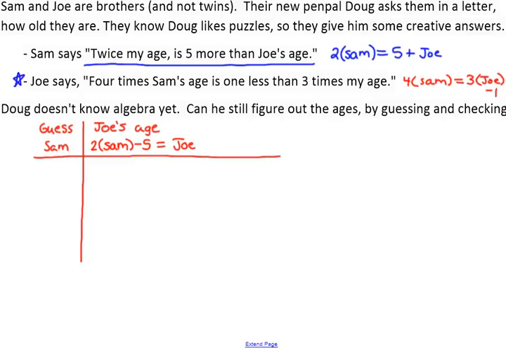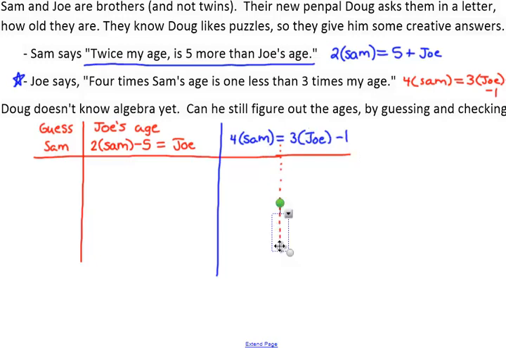So we're going to make one more column, and we need 4 times Sam's age to be equal to 3 times Joe's age minus 1. I'm going to put a little dotted line here, because we're going to be doing each part of that equation.